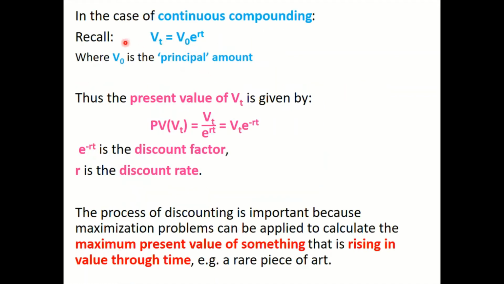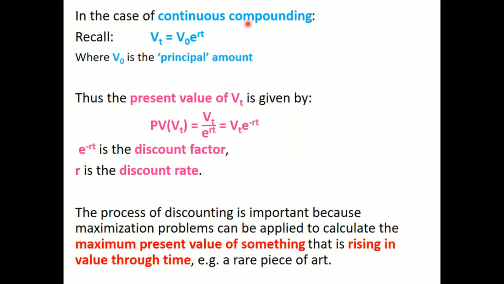In our previous example, we were working with interest being added only once a year, so annual compounding. But recall that when we were examining the process of interest compounding, we spoke about interest being continuously added, or put differently, the case of continuous compounding.